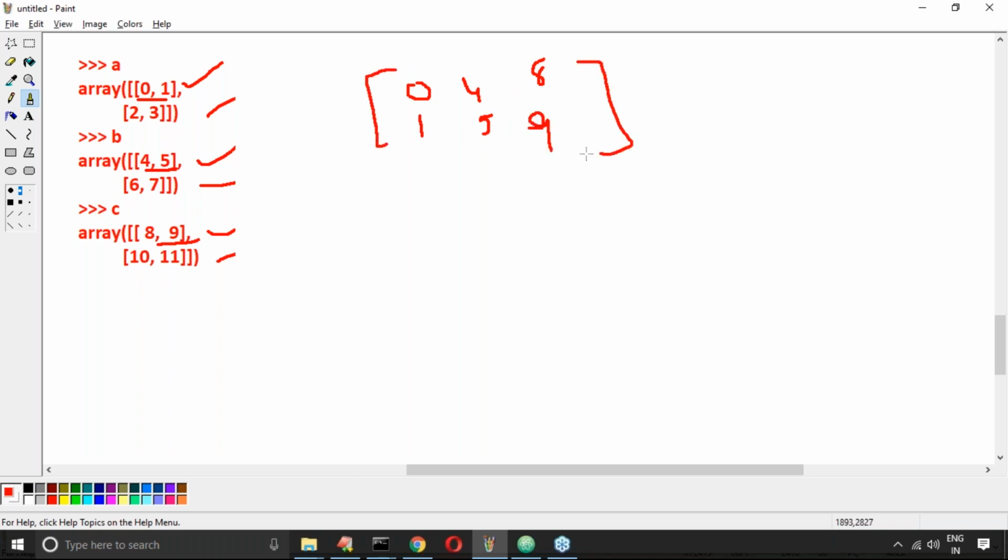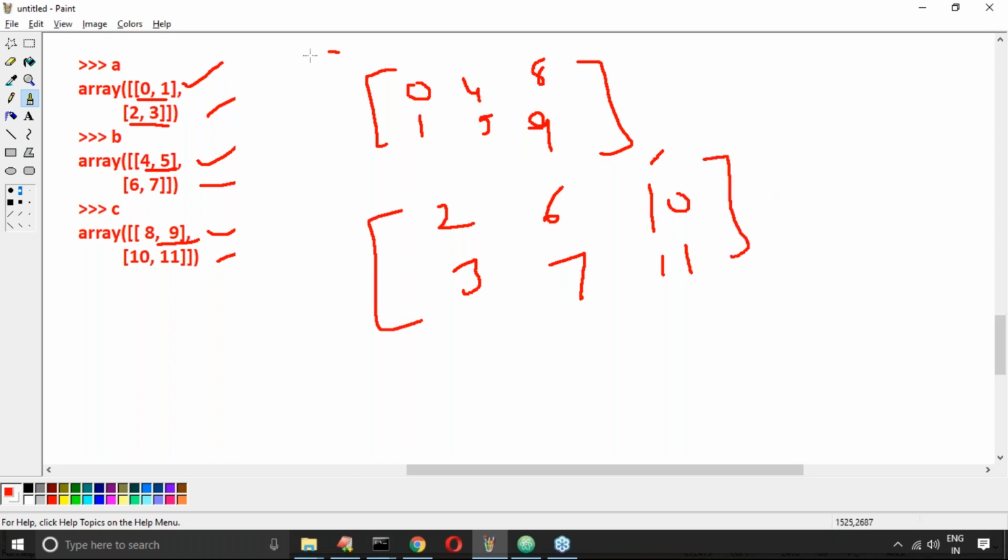This is the first 2D array. Next, the second 2D array takes 2, 3, 6, 7, and then 10, 11. Are you feeling comfortable?